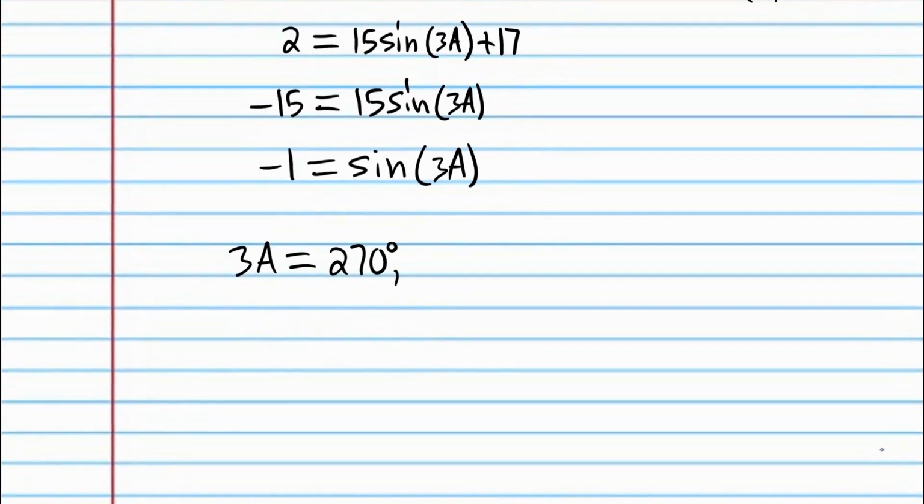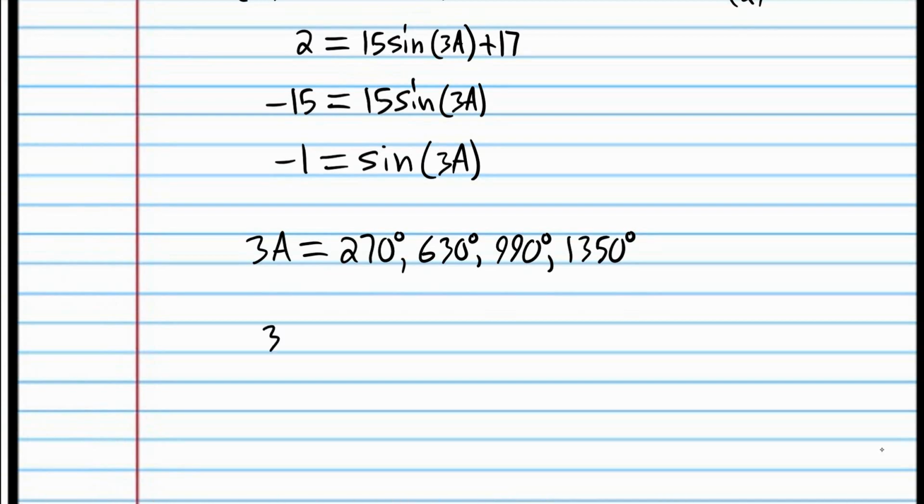But it looks like we're going to need some more coterminal angles, because remember, if we're multiplying a by 3, we're going to have 3 times as many solutions as we think. So 630, add 360 again, and you get 990, and we'll just add one more just in case. So just adding 360 each time.